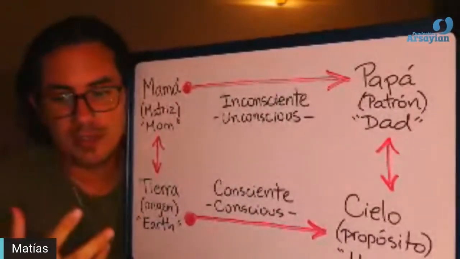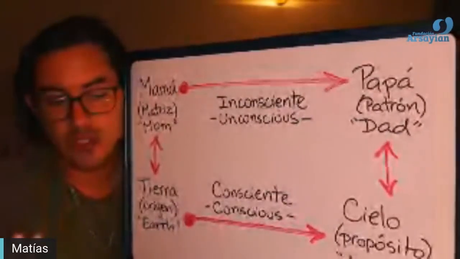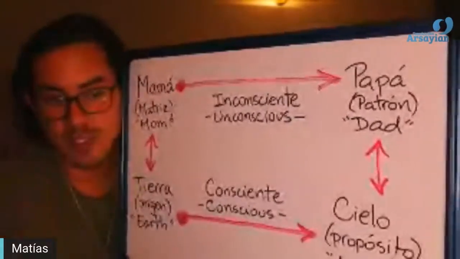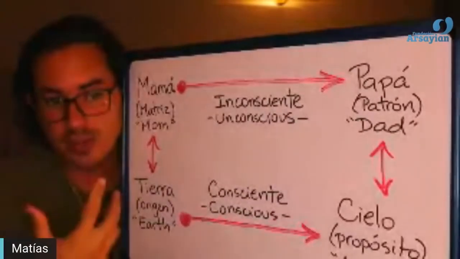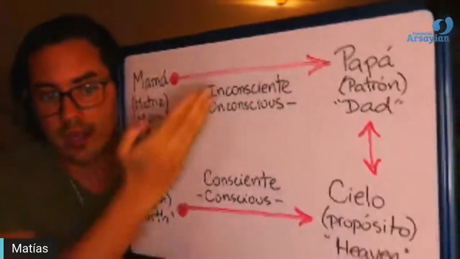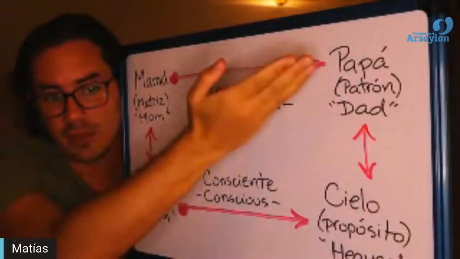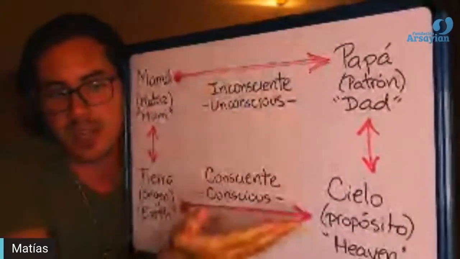So this has been through millions of years, and in our unconscious we have this recorded as something normal. This is why we call it Mother Earth and the celestial father, or the father of the skies.